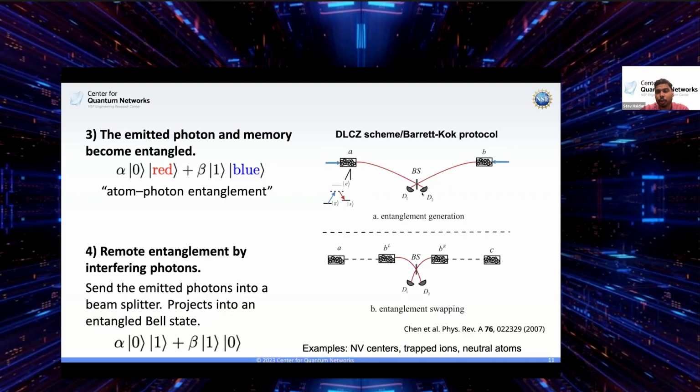So therefore, you transfer the correlations that were there between Alice and the photon and Bob and the photon to correlations between Alice and Bob. And you see that if you do the beam splitter math, the state that comes out after this operation is an entangled state between the two memories A and B, which is alpha 01 plus beta 10.